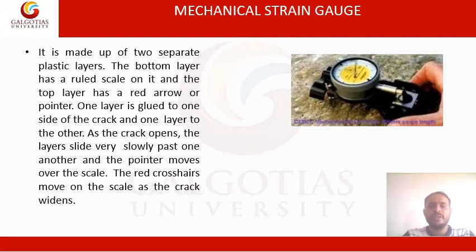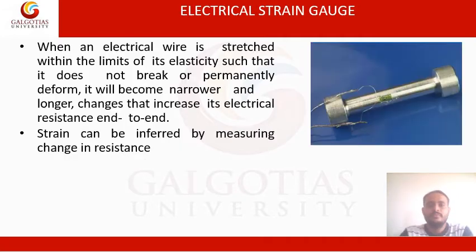When the cracks open due to the change in the force applied on the object, the layers slide very slowly past one another, and thus the pointer will show the deflection as it moves over the scale, and the red crosshair moves on the scale as the crack opens up or widens. So mechanical strain gauges are used for the change in the length of any object where force is applied. The next one is the electrical strain gauge.